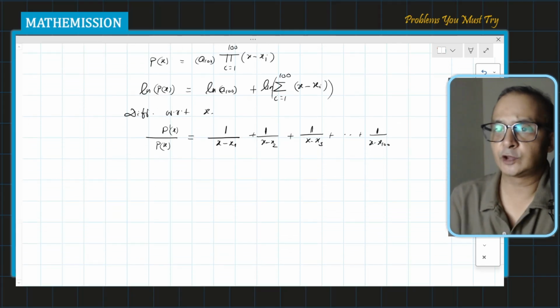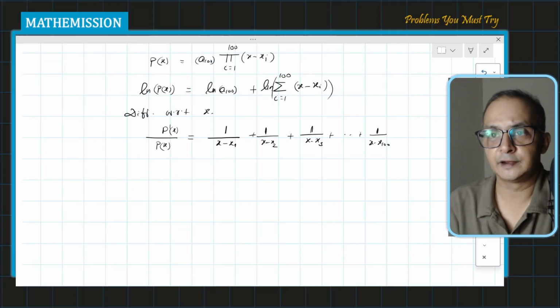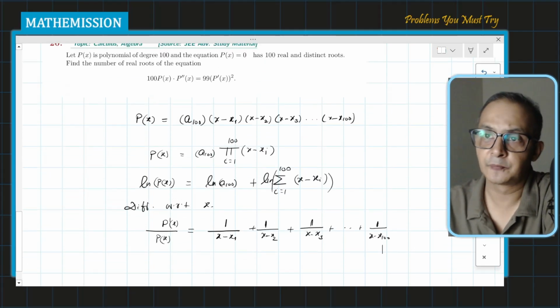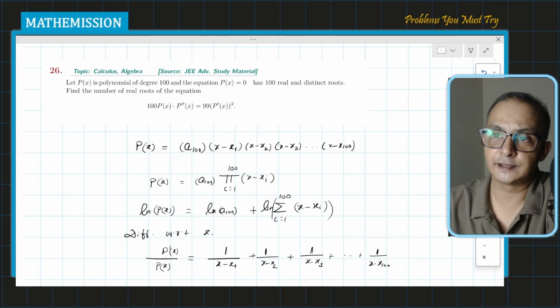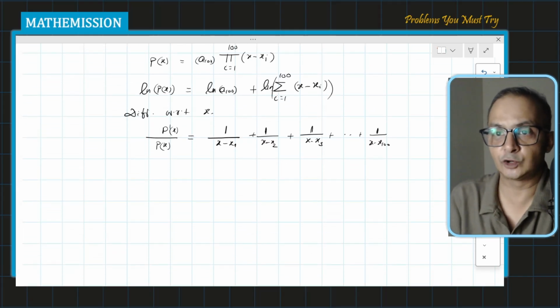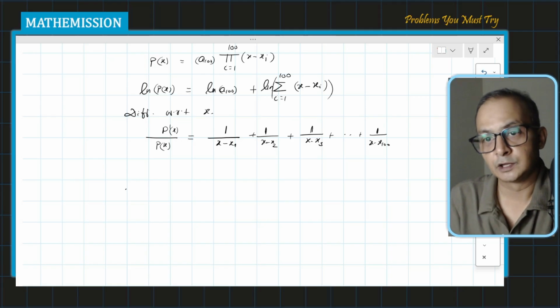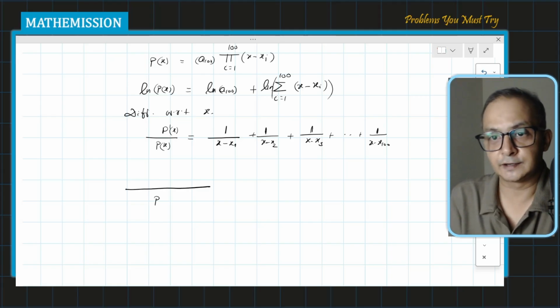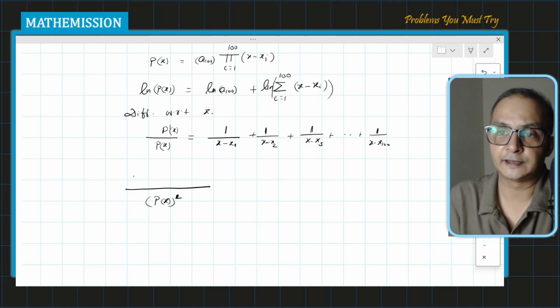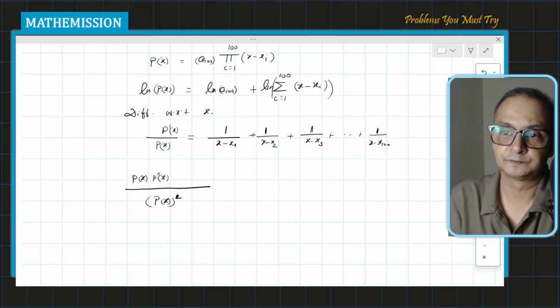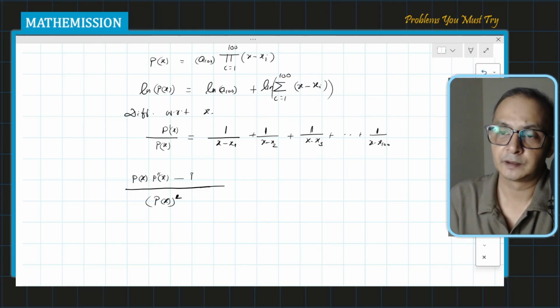Now this we can also differentiate one more time, because here you can identify that the double derivative is involved. So let's differentiate it, and here we are going to apply the quotient rule. So applying the quotient rule, what we get here is p(x) whole square, and that is going to be p(x) into p double dash x minus p dash x whole square.